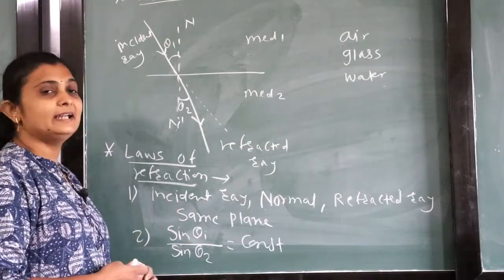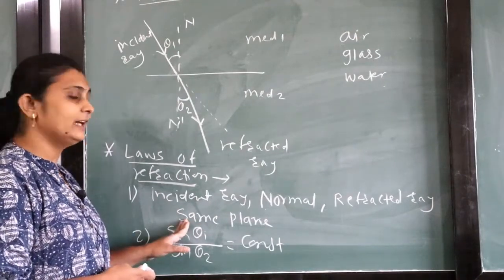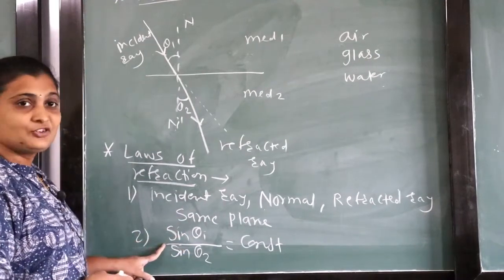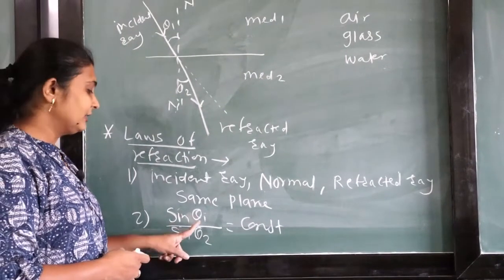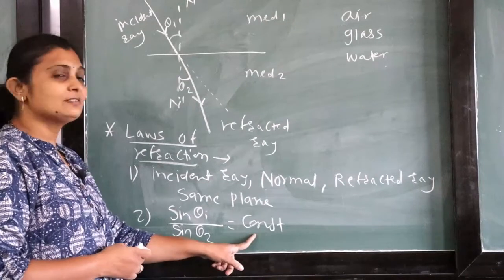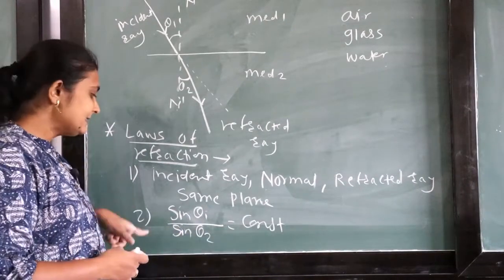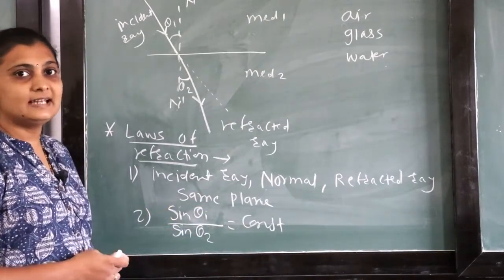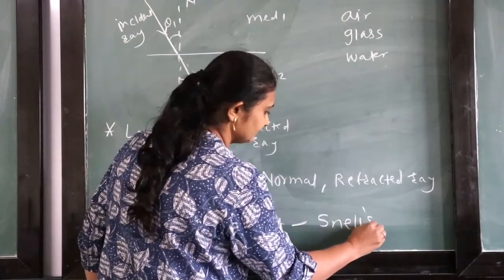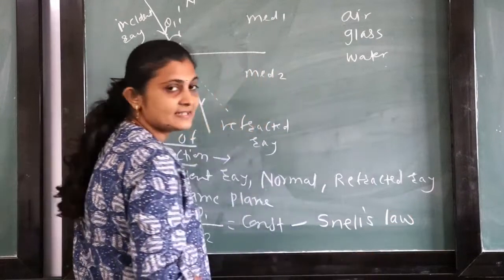First, incident ray, normal, refracted ray all lie in the same plane. And second one is very important: the ratio of sine of angle of incidence to the sine of angle of refraction is constant. This statement is also called Snell's law.